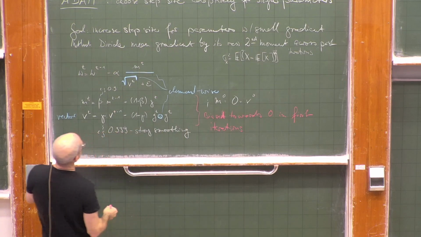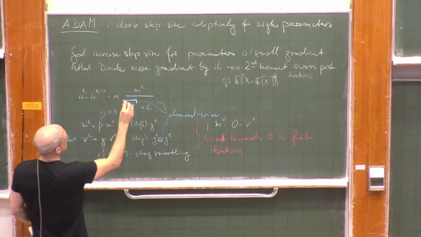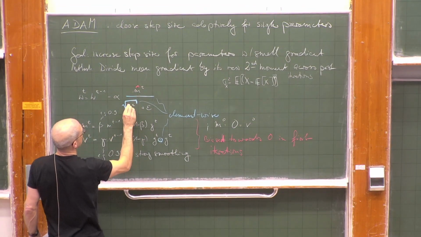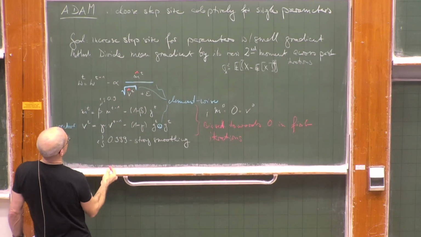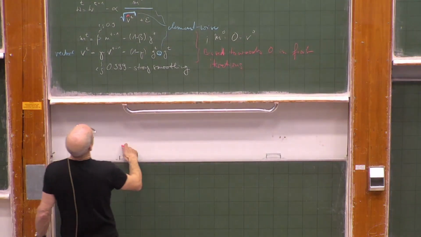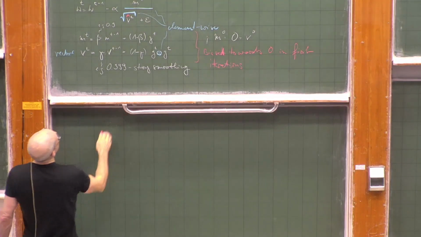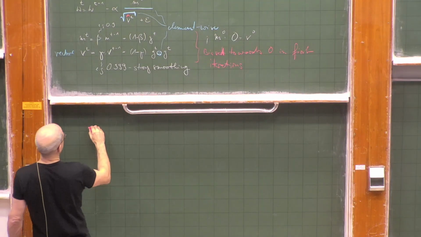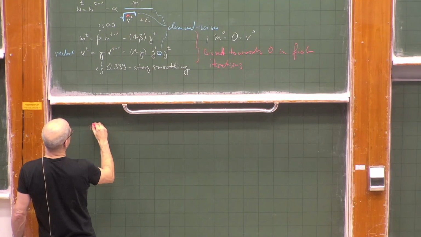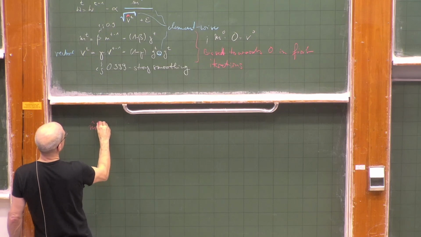And this is why a bias correction is used. So we put a hat here and a hat there, and we define some bias corrected versions.